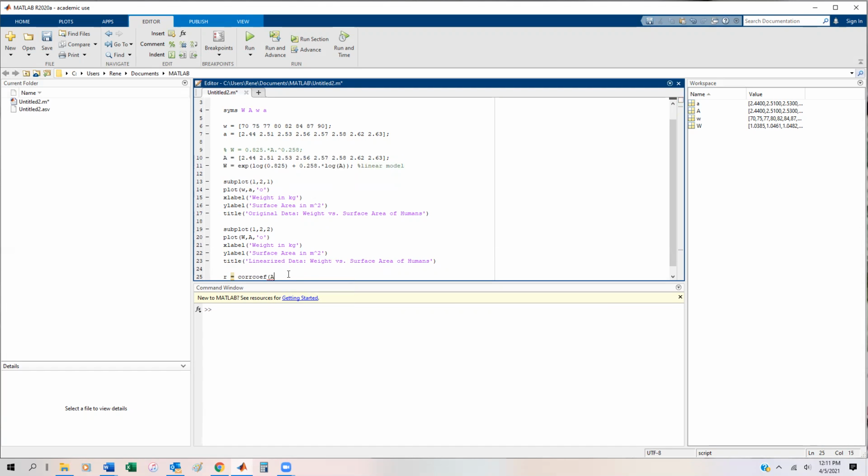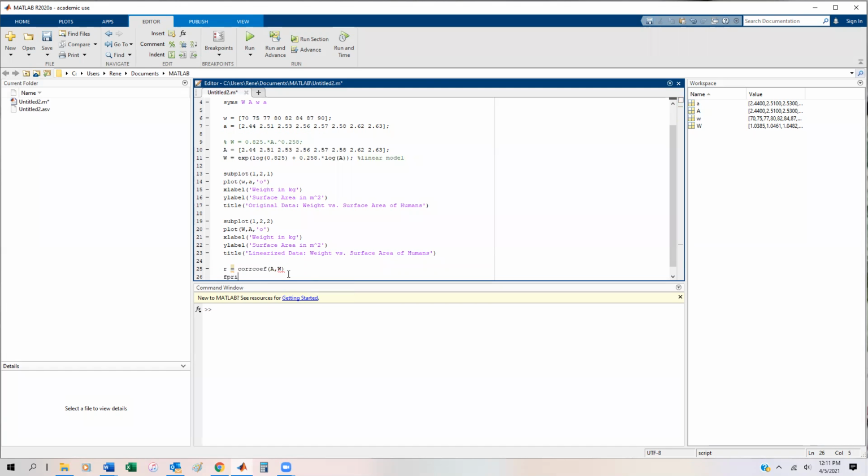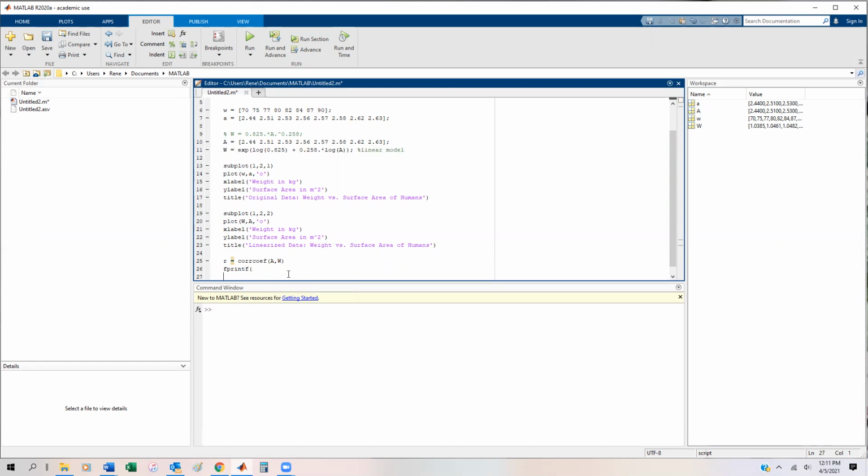So I'm going to say A, comma W. And we're going to fprintf the correlation coefficient is, let's say, %f, and backslash n to go to the next line. And it's going to be R(1,2). Remember that trick from before, we're just looking at that first row, second column. We don't need everything in there.